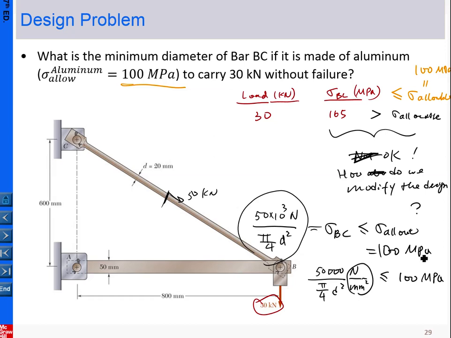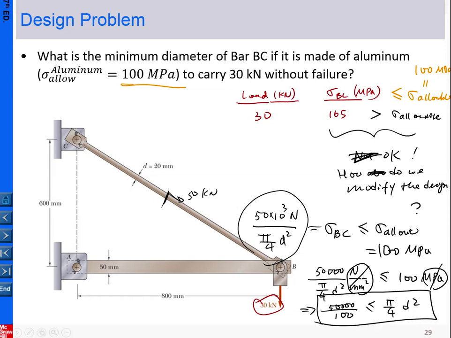The MPa units cancel out. From here you can see 50,000 divided by 100 is less than or equal to pi over 4 d squared. By solving this one, you can determine the minimum diameter. Let me do the quick calculations: 50 divided by pi and multiply by 4.